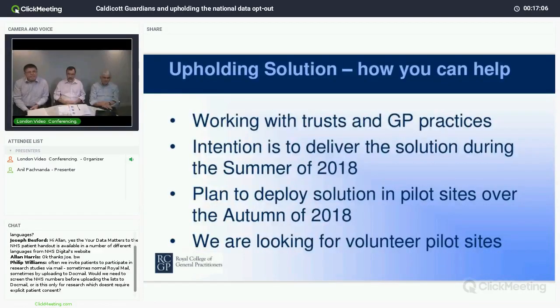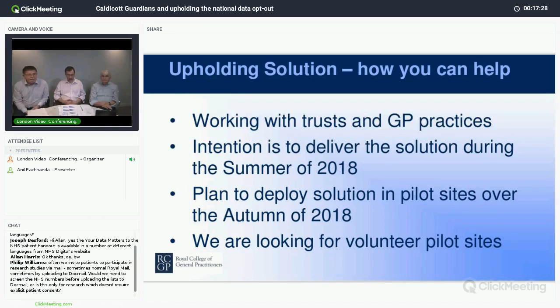So getting into that a little bit, how could you help us? This is the pilot that I mentioned at the beginning. We're already working with a series of mainly trusts, but we do have a handful of GP practices that are engaged at this level. And we're still working with our solution providers.